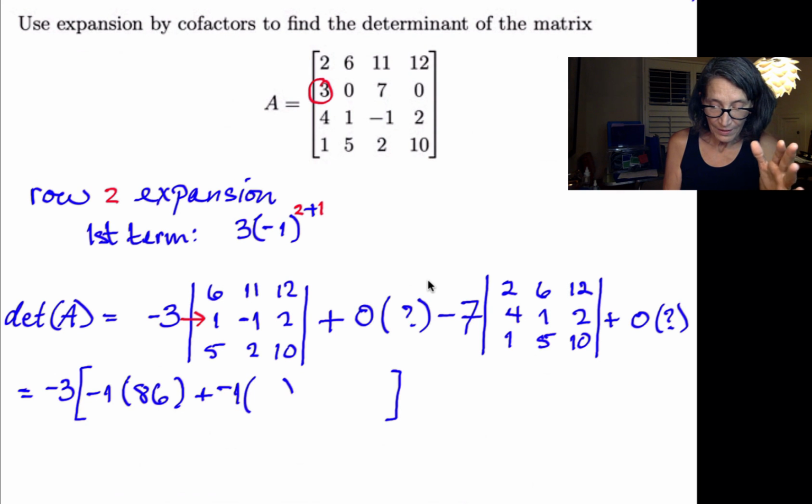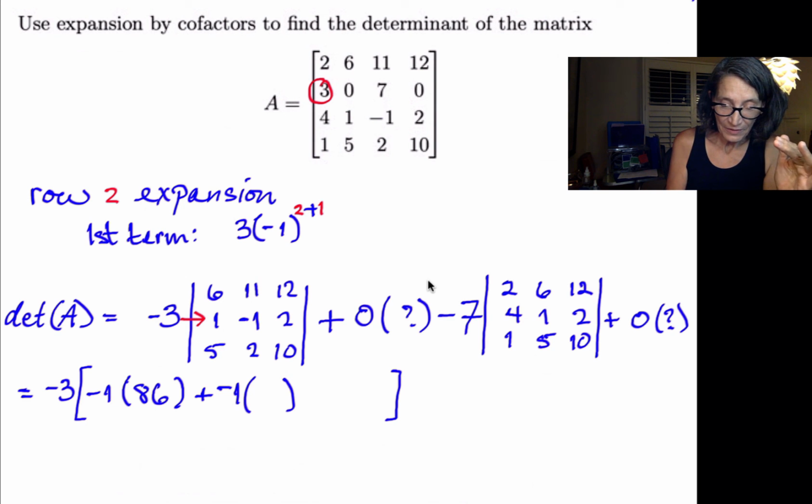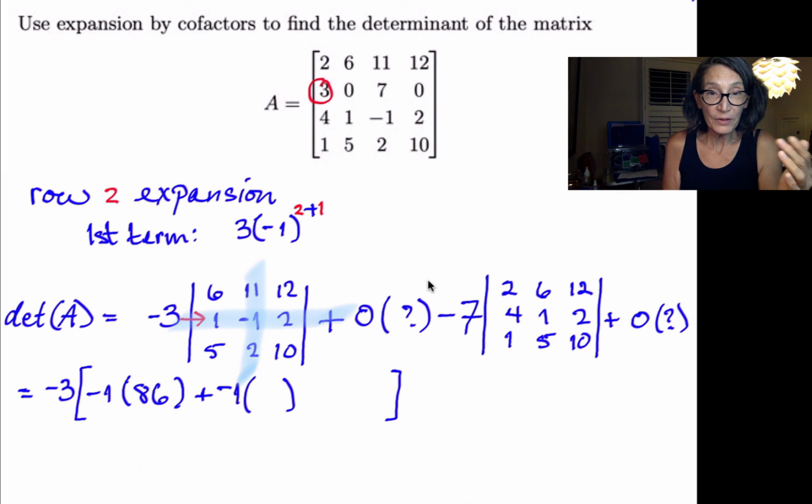So it's plus a negative 1 times a determinant of a submatrix. The submatrix we get by deleting the second row and the second column of the 3 by 3. So that's going to be the determinant of the 2 by 2, 6, 12, 5, 10. So it's going to be 6 times 10 minus 5 times 12, which is 0, which is nice.